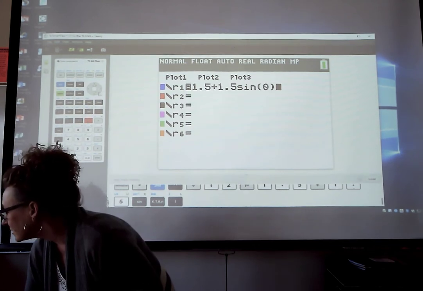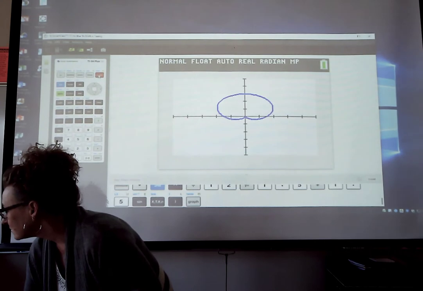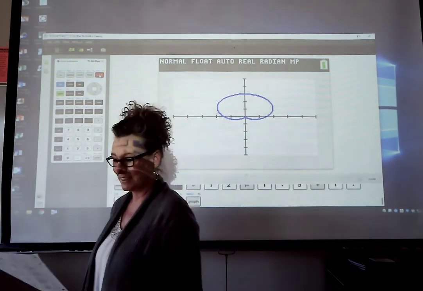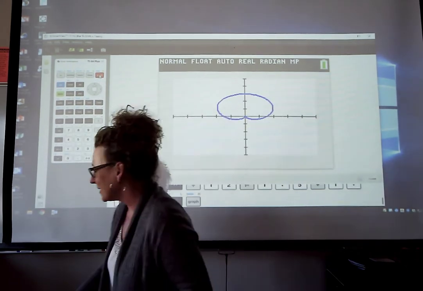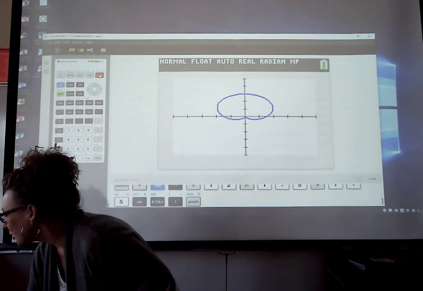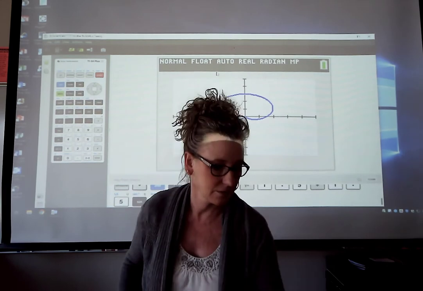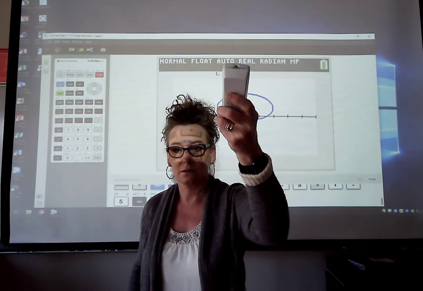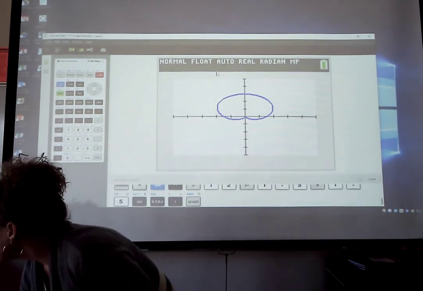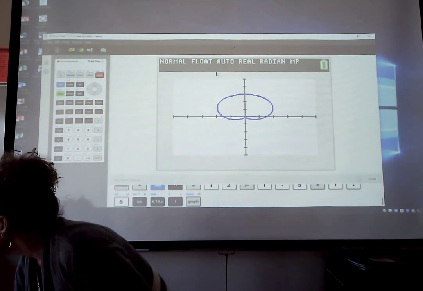And we'll go ahead and graph it so you can see what it looks like. Woo, that was fast. Oh, I know why. My computer goes so quickly. Okay. Make a slight change here, but I don't want you to see what I'm doing.